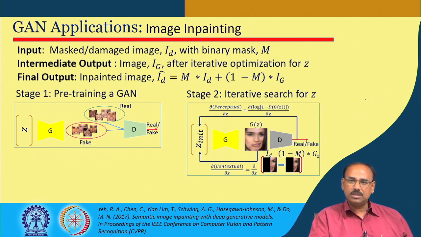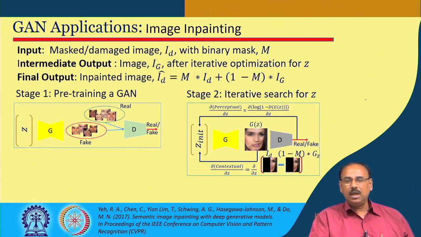The contextual loss says that there may be some portions in the image for which the information was not available or was damaged, but if I take that portion of the generated image which matches the undamaged part of the input damaged image, the undamaged part and the corresponding portion in the generated image should match, and that is what gives you the contextual loss.